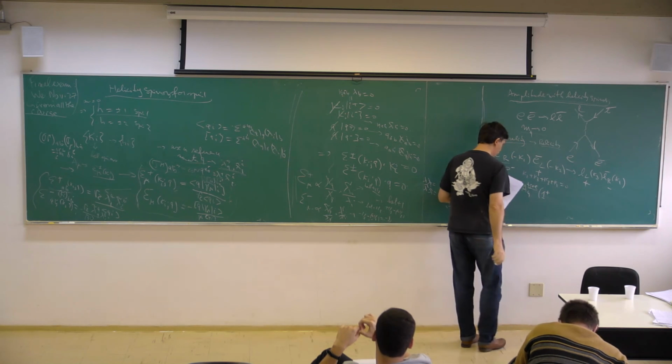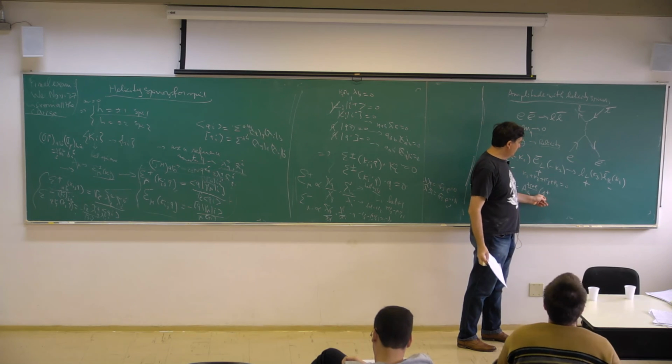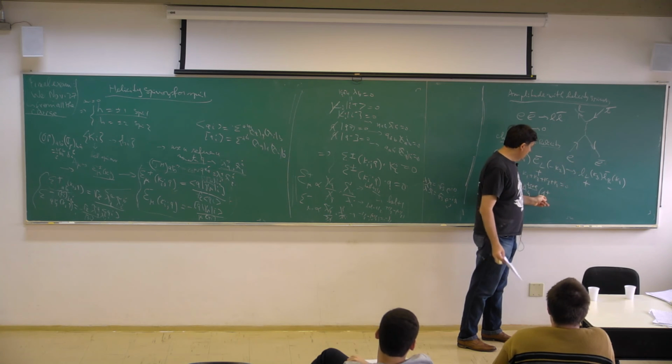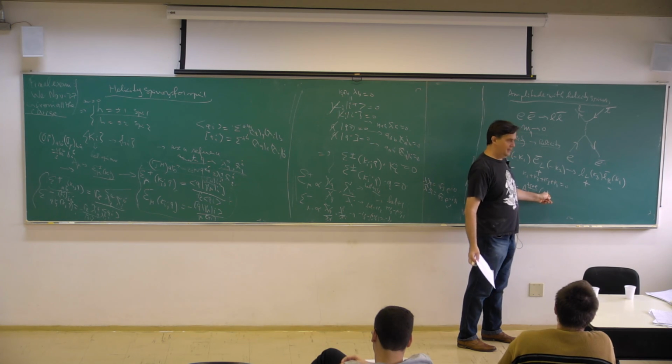Now, the notation, remember, I use a notation where I index the momenta by the index i. So I have momenta 1, 2, 3, 4. Then I will put the states as corresponding to this index, plus the index of helicity.